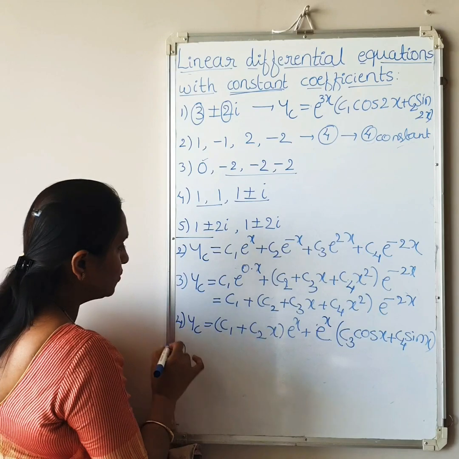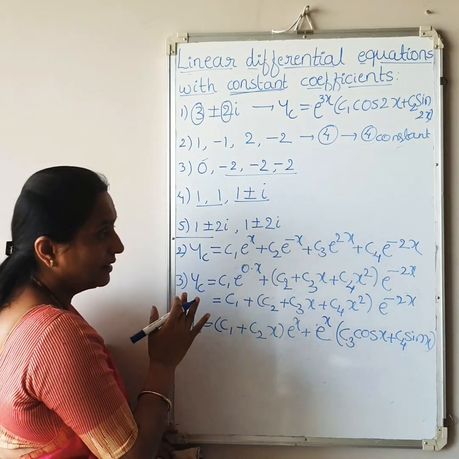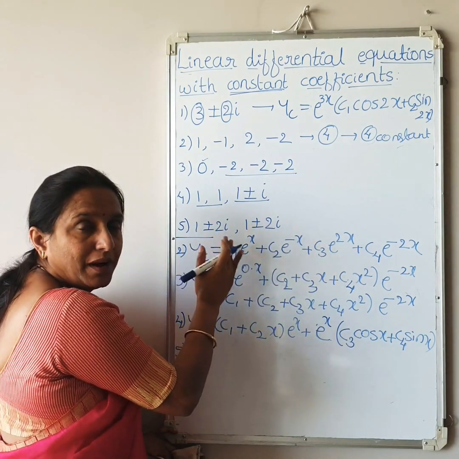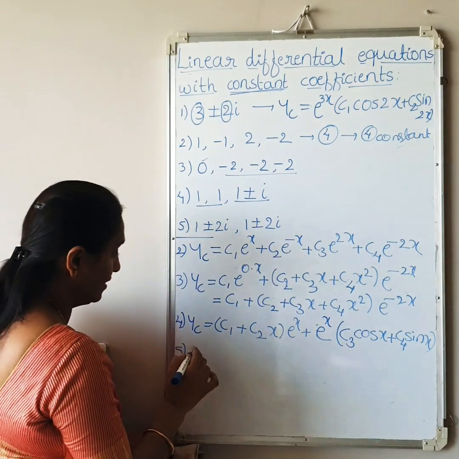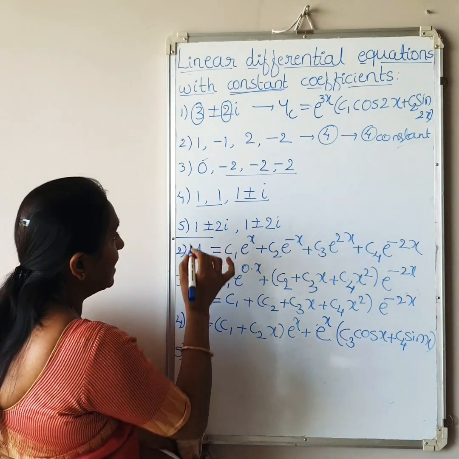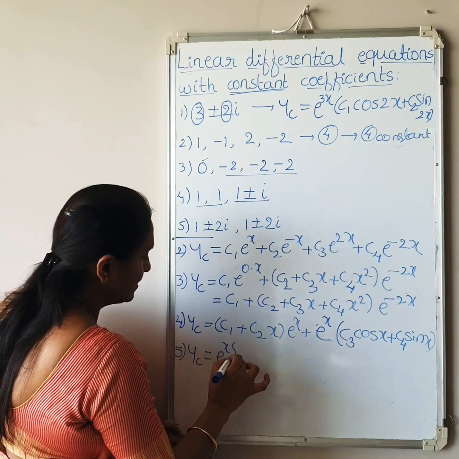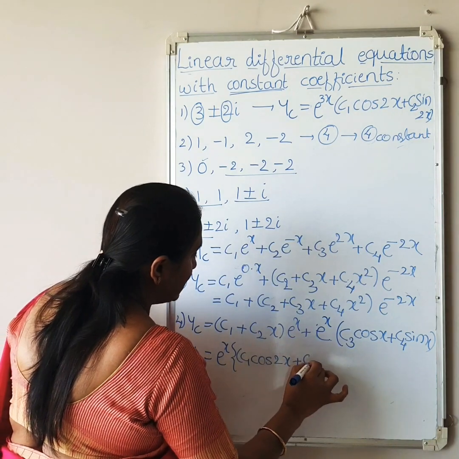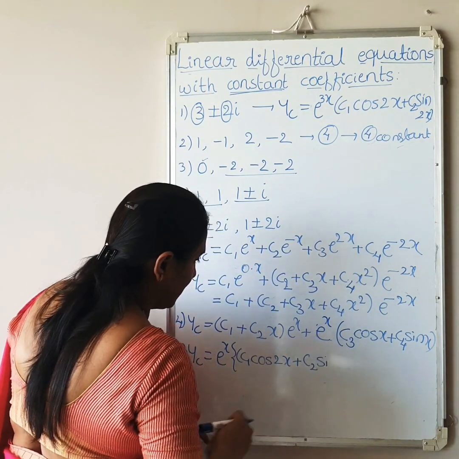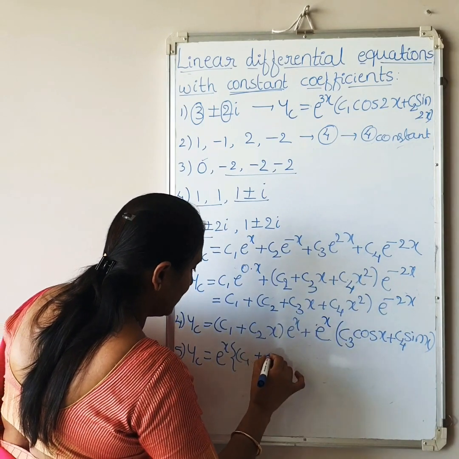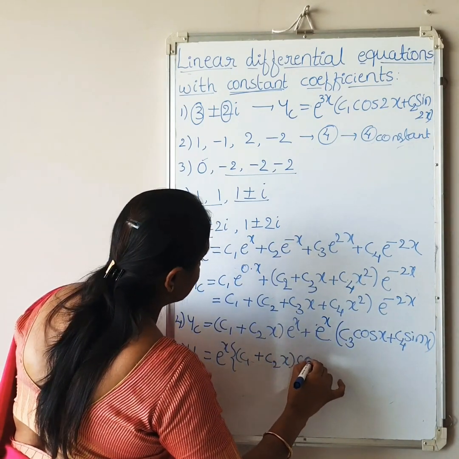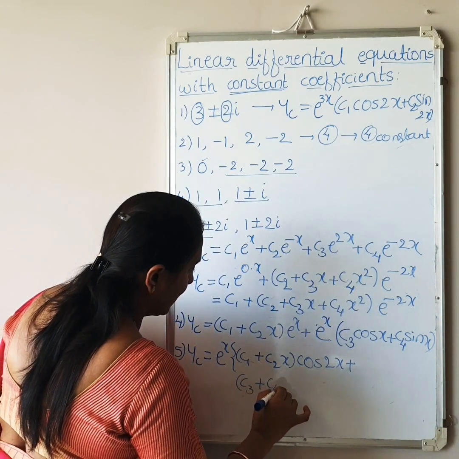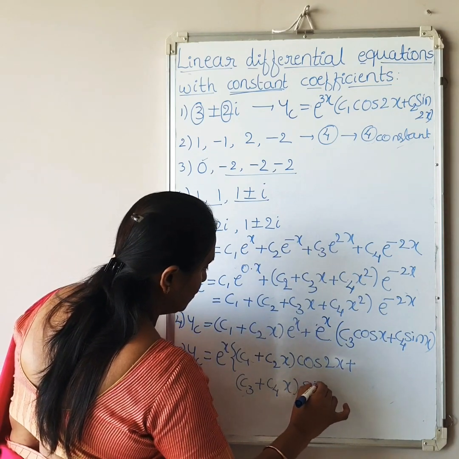Last one. How many roots are there? Here also 4 roots are there, but roots are repeated: 1 plus 2i, 1 plus 2i, 1 minus 2i, 1 minus 2i. They are similar. So yc is equal to, real part is 1, e raised to x, ((c1 plus c2x) cos 2x plus (c3 plus c4x) sin 2x).